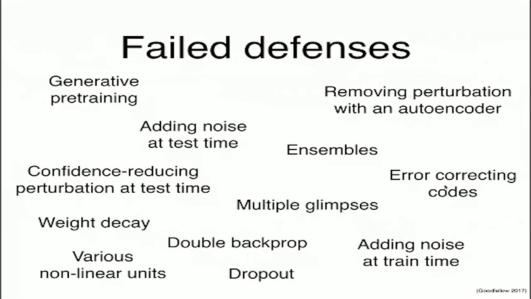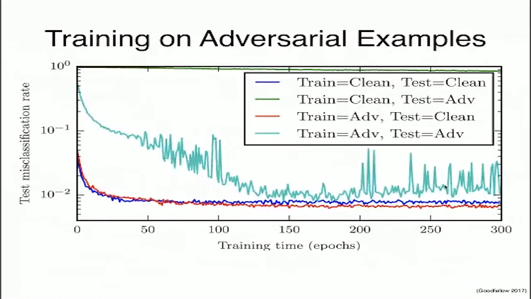The best thing that we can do is actually train on adversarial examples themselves. In this plot, the x-axis is time, and I show you how a convolutional net performs over time. As you move from left to right, you see the red curve and the blue curve move downhill. Those are both measuring error on the test set with clean examples.